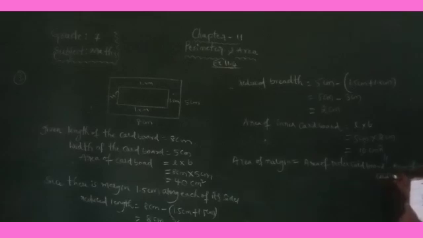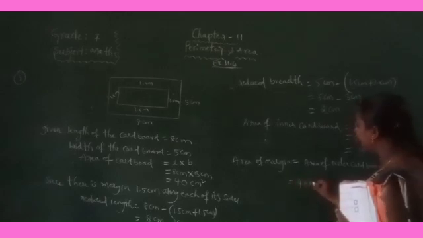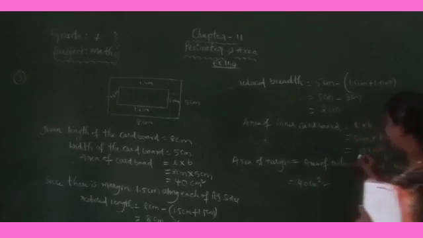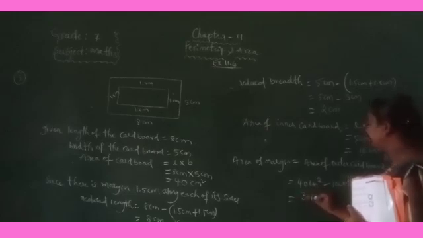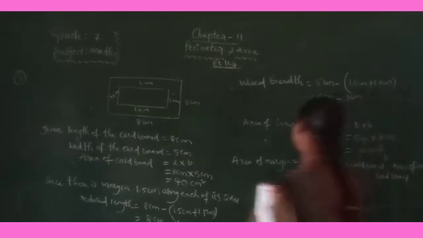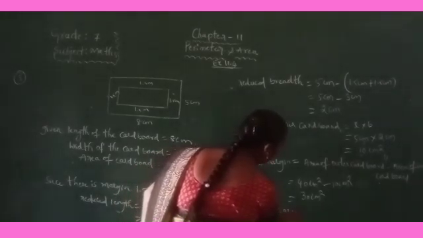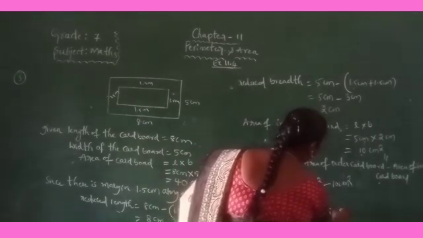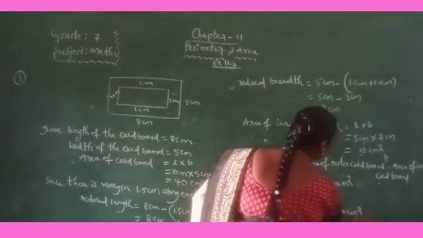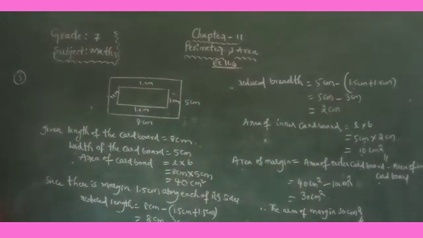Outer cardboard area is 40 centimeters square, inner cardboard is 10 centimeters square. Then the area of the margin is 30 centimeters square. Therefore the area of the margin is 30 centimeter square. Okay children, copy that.